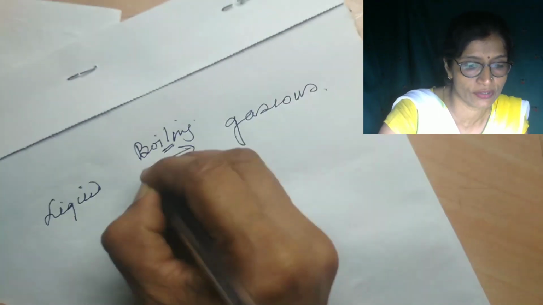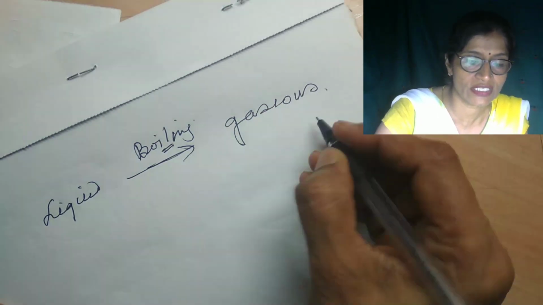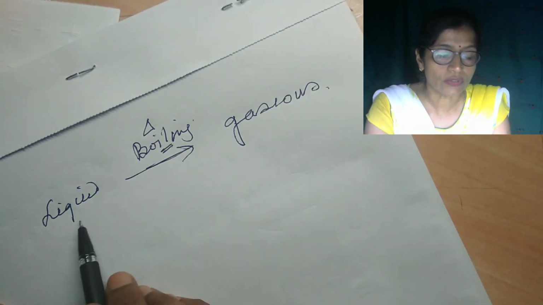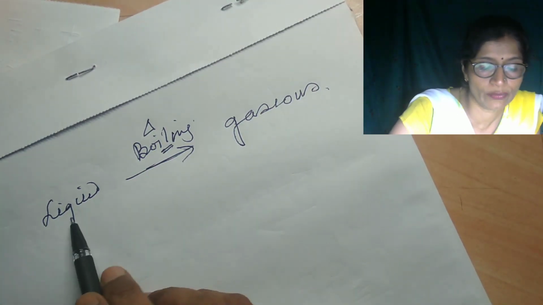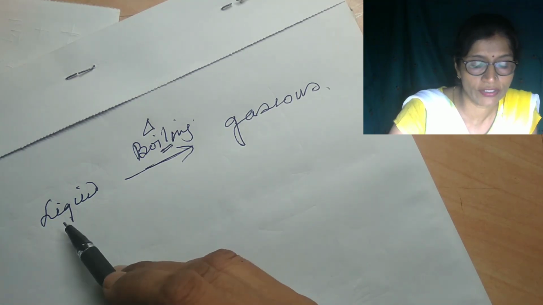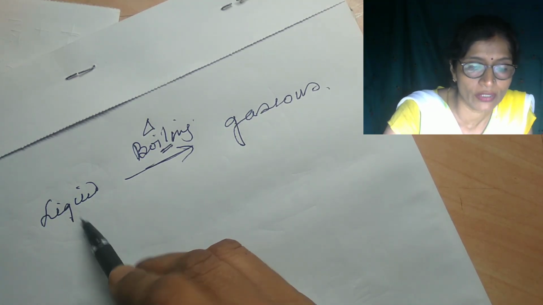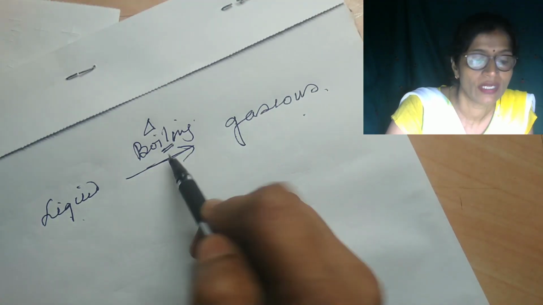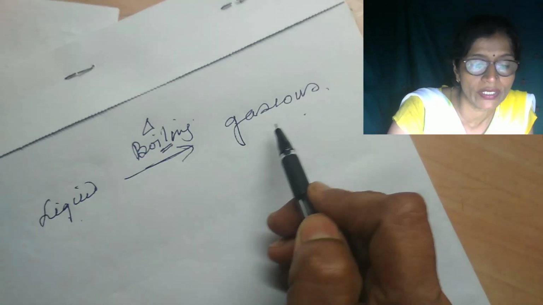Boiling is also known as vaporization, and this takes place when it is heated. So the process in which a liquid substance changes from a liquid state to the gaseous state at a particular temperature is known as boiling.